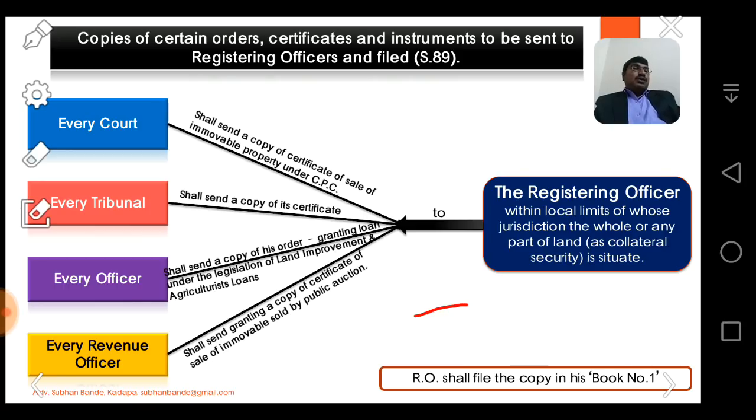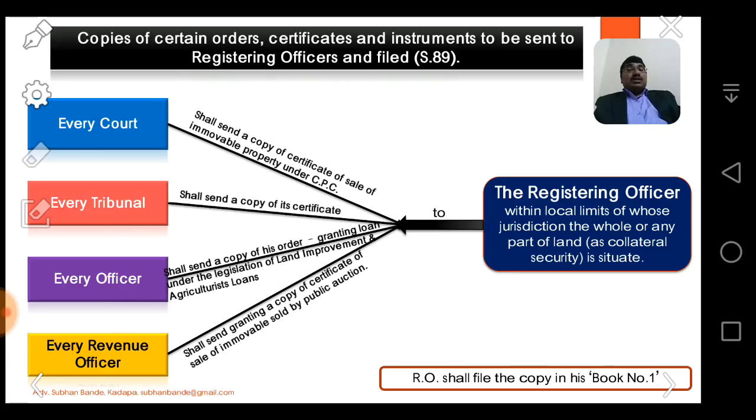There are certain chances for the judgment debtor to fraudulently register such instrument with the registering officer. In order to avoid such complexity, every court should send a copy of the certificate of sale of immovable property under the Code of Civil Procedure to the registering officer. A copy is used by the registering officer as a reference.